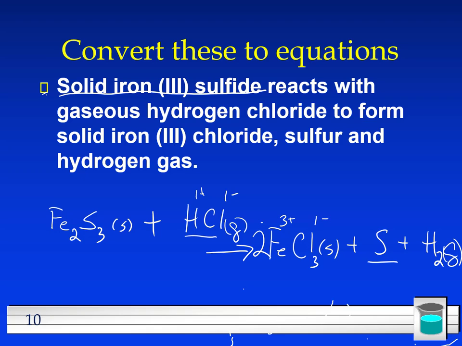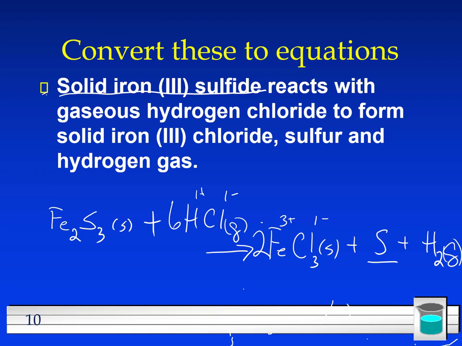Well, there's the chlorine on the reactant side. I'd have to put a 6 there. So it gives me 6 chlorines and 6 chlorines. FeCl3, if I have 2 of those, that's 6 chlorines. And 6 HCl's would be 6 chlorines. Okay. So it looks like I'm done, but I'm not.